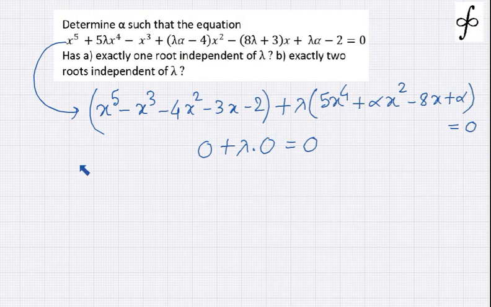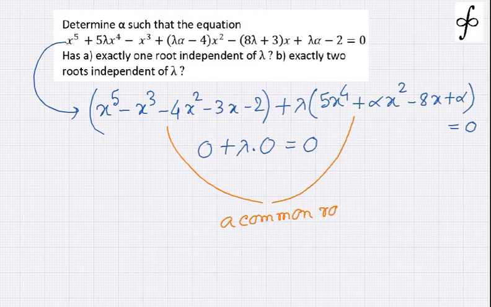So the concept is that we can argue that this part of the equation and this part of the equation should have a common root, or common roots. This is going to happen because we put the same value of x in both to get 0 simultaneously. Then the roots will be independent of lambda.